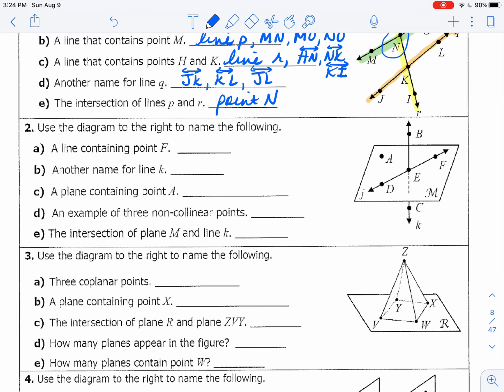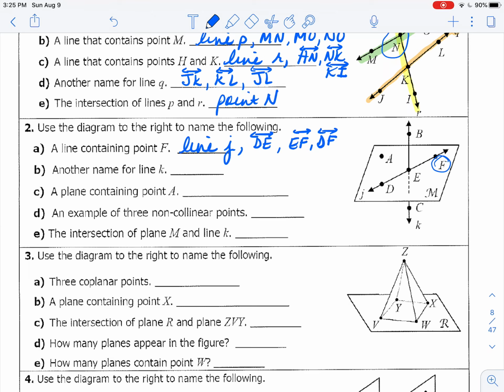Okay, pause the video and see if you can answer the questions on number 2. All right, number 2, a line containing point F. Point F is right over here, and we can identify this as line J, also DE, EF, or DF.